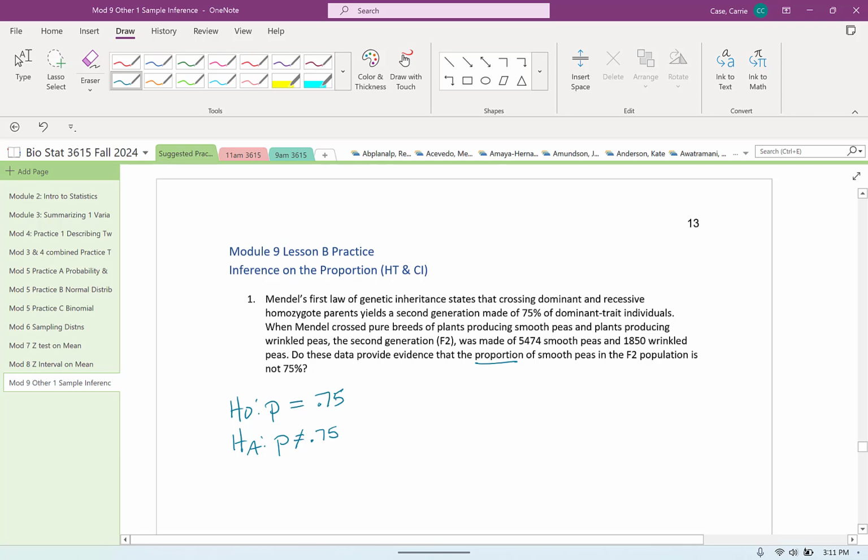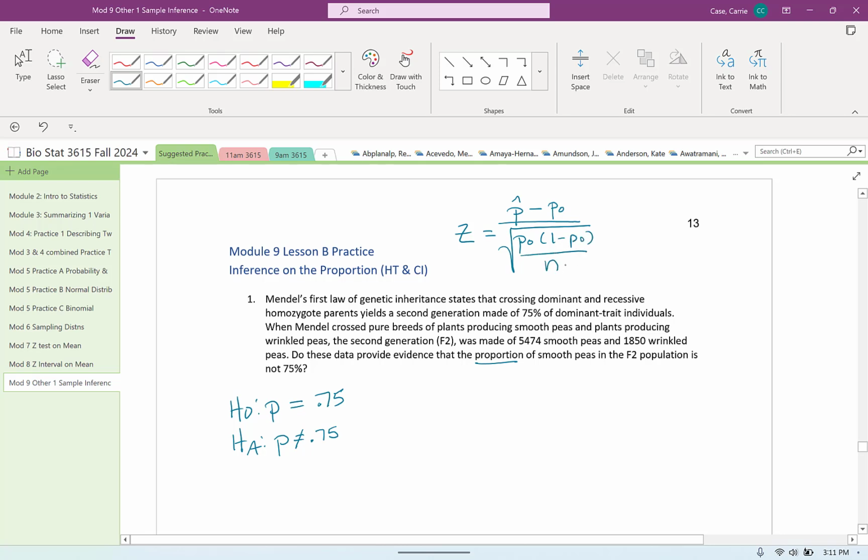So for the test of the proportion, the test statistic is z equal to our statistic, which is p hat, minus our parameter, which is p naught, that's the value in the null, divided by the standard error for the p hat statistic. That standard error is the square root of p naught times quantity 1 minus p naught over n.